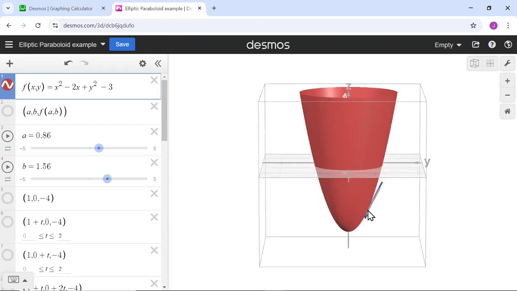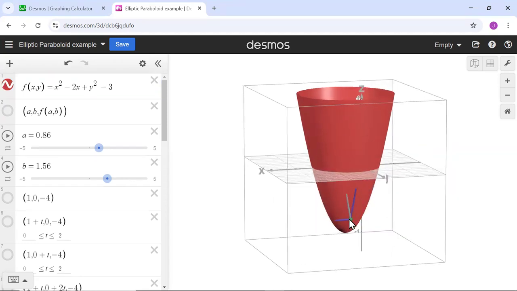That's f sub y. That's giving you this slope, that purple slope. F sub x is the one that's pointing, in this case, to the left. And then if you think about the directional derivative, its slope is giving us 1.7.